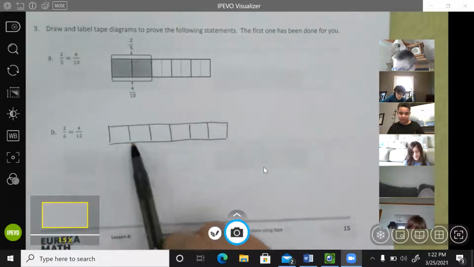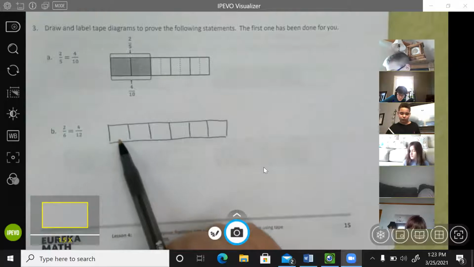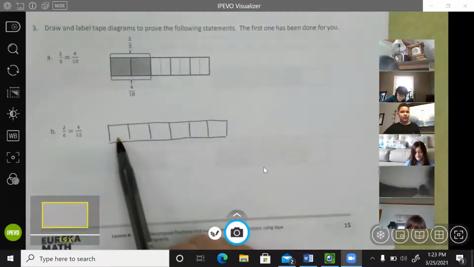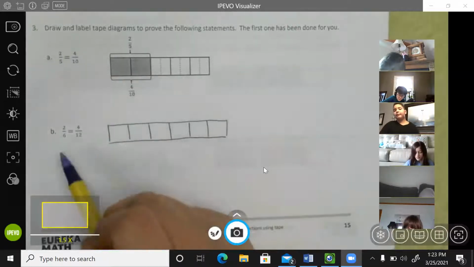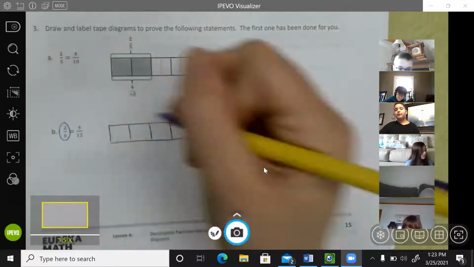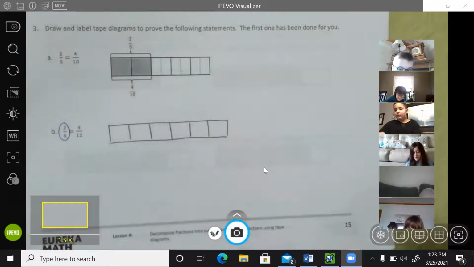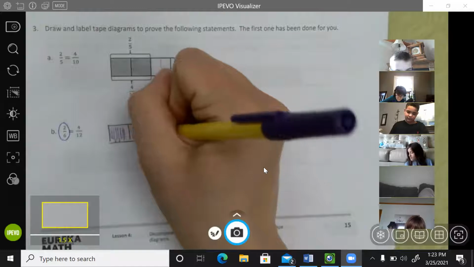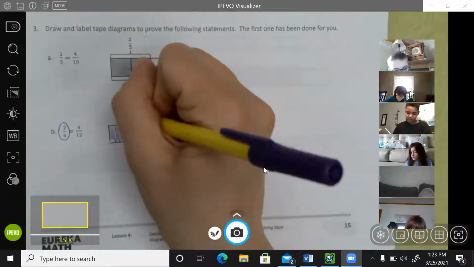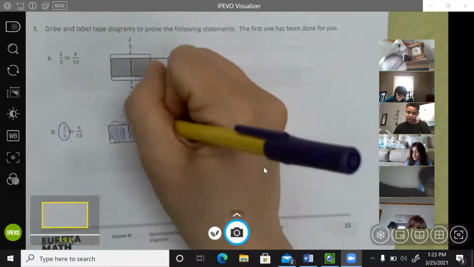So Trace, each of these represents what fraction? One box represents what fraction? 1/6. So how many will I shade in to show 2/6? 2. So I'm going to shade in 1, 2, and then I'm going to label this 2/6.